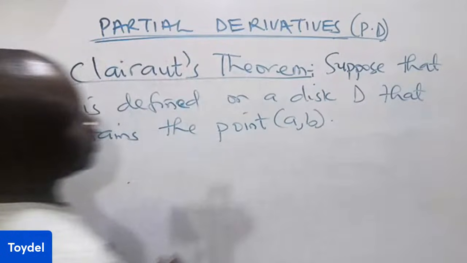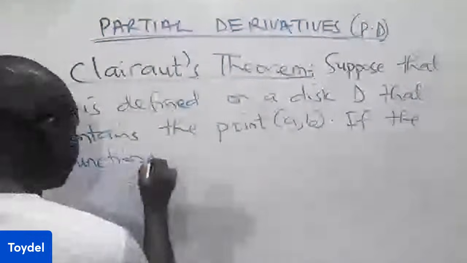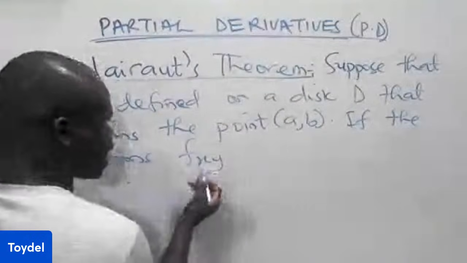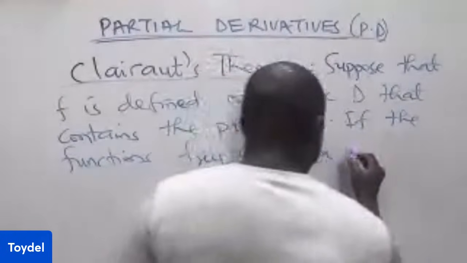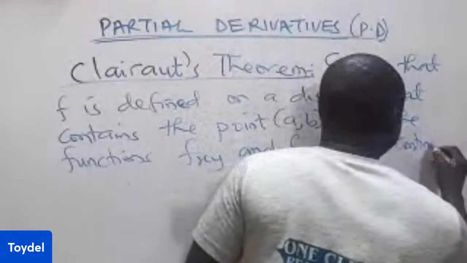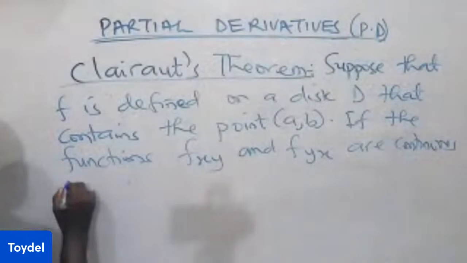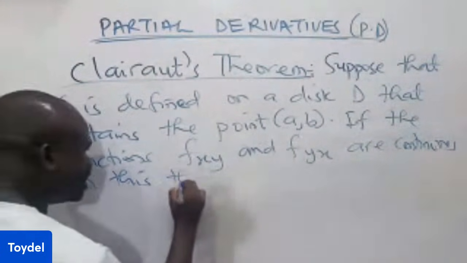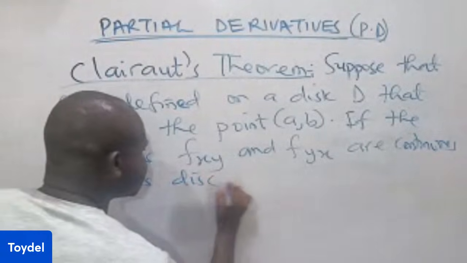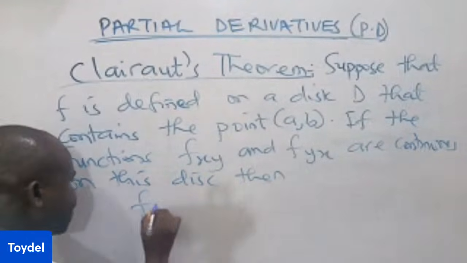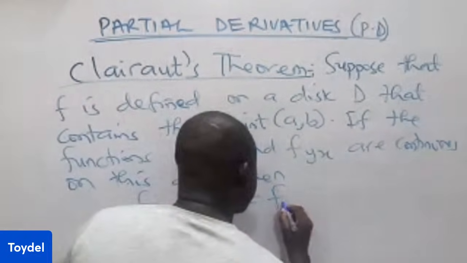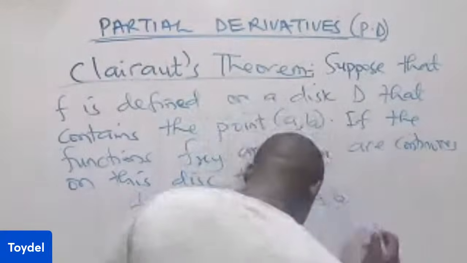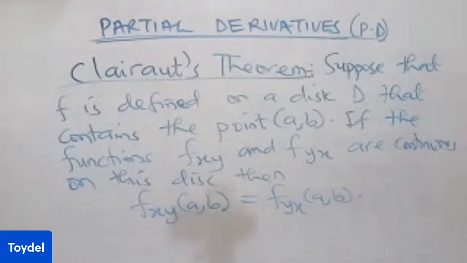If the functions f subscript xy and f subscript yx are continuous on this disk, then f subscript xy at (a, b) will be the same thing as f subscript yx at (a, b). So what is the implication of this theorem?